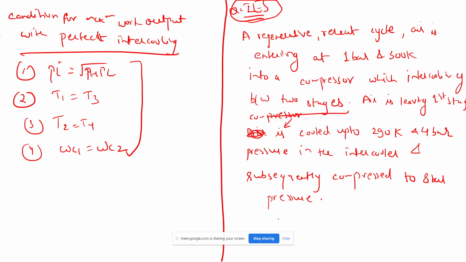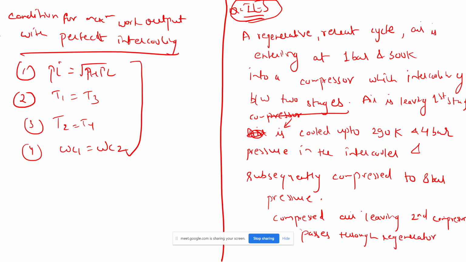After that, the compressed air leaving the second compressor passes through a regenerator having effectiveness of 0.8.